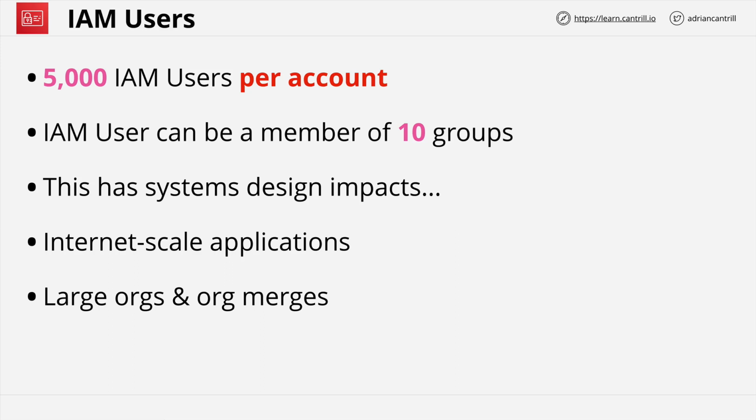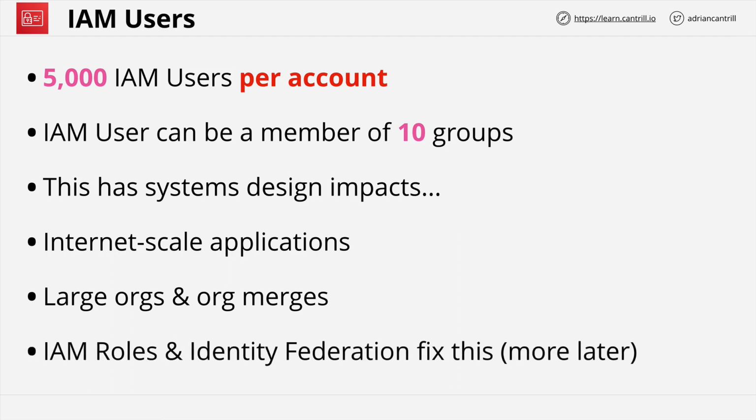Now there are solutions which fix this. We can use IAM roles or identity federation, and I'll be talking about both of those later in the course. But in summary, it means using your own existing identities rather than using IAM users, and I'll be covering the architecture and the implementation of this later in the course.